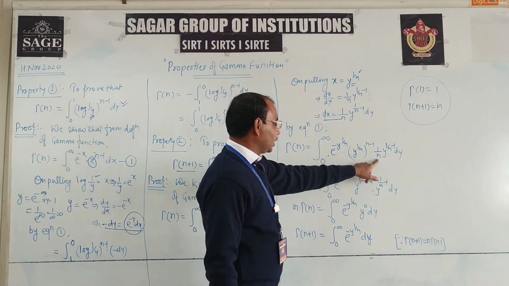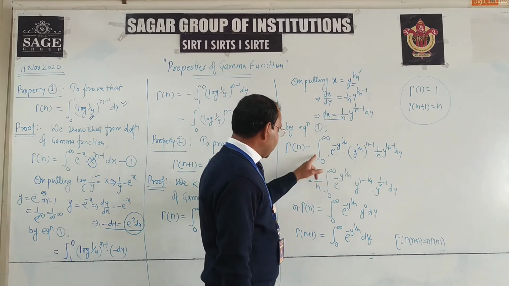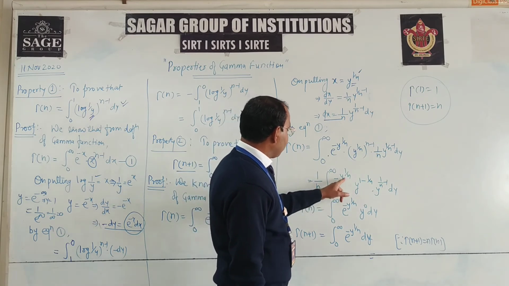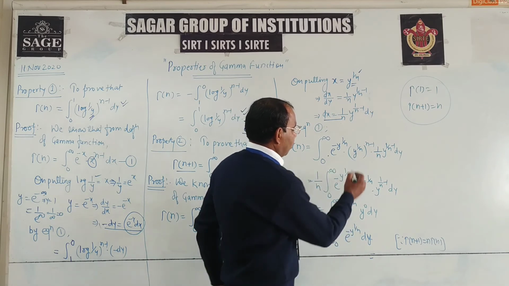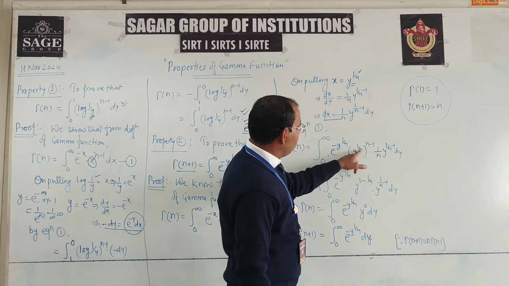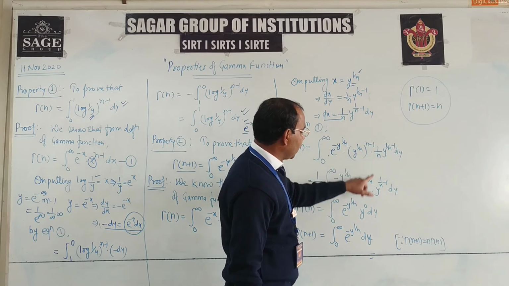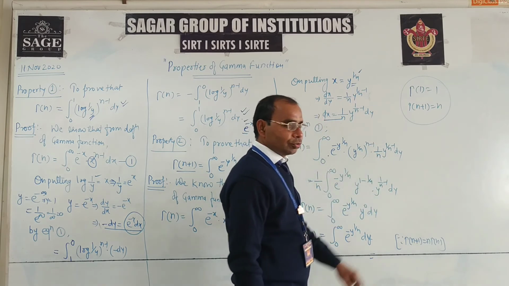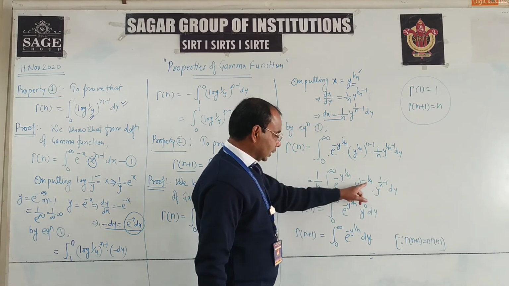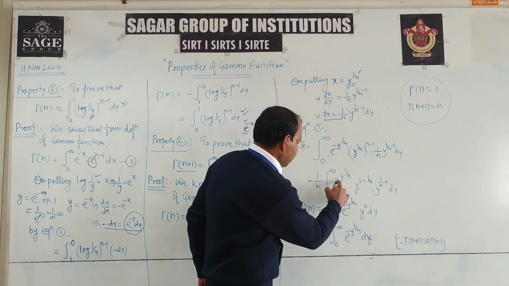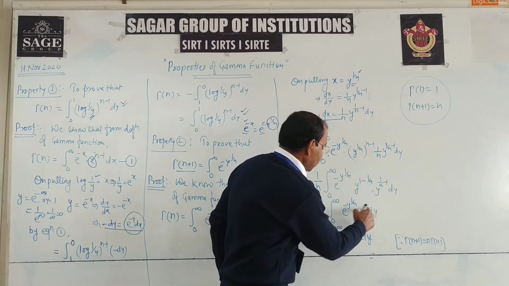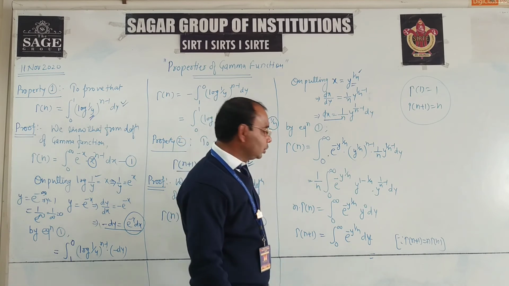Now 1 upon n is an extra term, not in variable form. Therefore 1 upon n is outside of the integral: 1 upon n, integration from 0 to infinity of e to the power minus y to the power 1 upon n, y to the power 1 upon n into n minus 1, that is, y to the power 1 upon n times n minus 1, into y to the power 1 upon n minus 1. The base of both terms is the same, therefore the powers are added: 1 minus 1 upon n plus 1 upon n minus 1. The 1s cancel with minus 1, and minus 1 upon n plus 1 upon n cancel, so y to the power 0, which is 1.